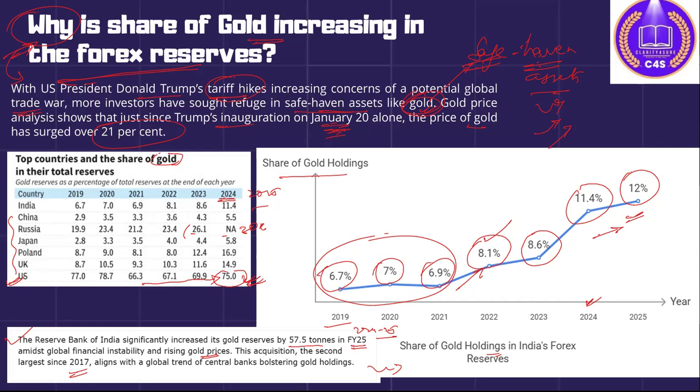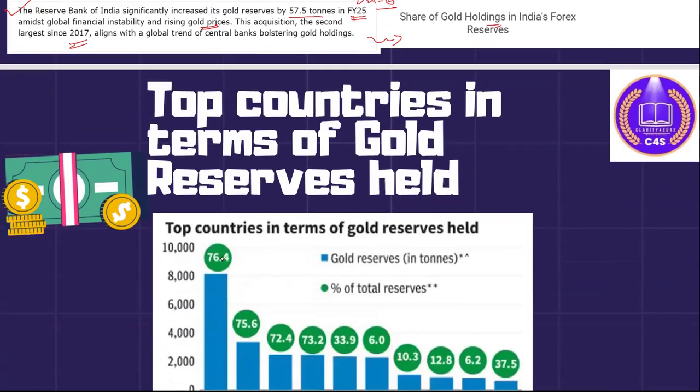We can use gold for various purposes, such as meeting the payment of imports and paying liabilities. So we can use it in multiple ways. Therefore, we are also increasing the reserve.